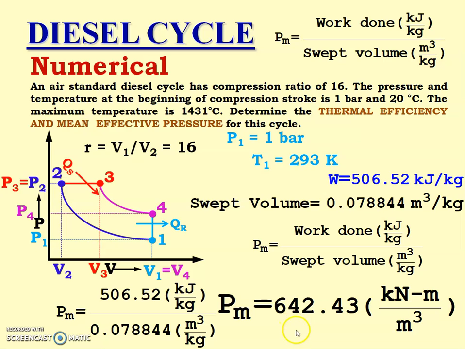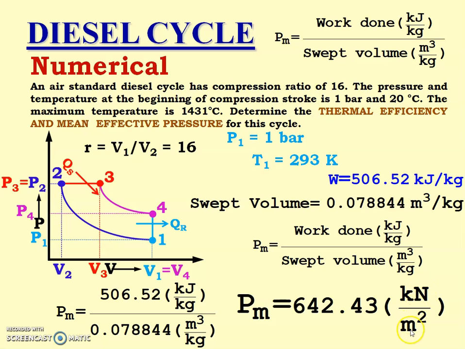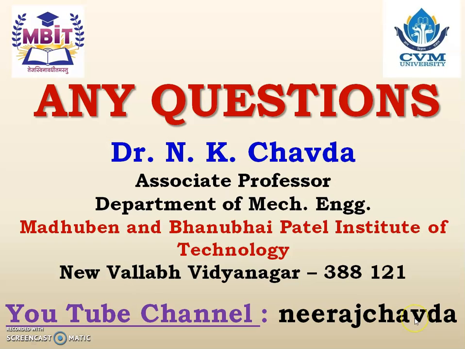And that is equal to 642.43 kilonewton into meter divided by meter cube. Meter cancels, so the answer is kilonewton per meter square, that is kilopascal. So the mean effective pressure is 642.43 kilopascal.